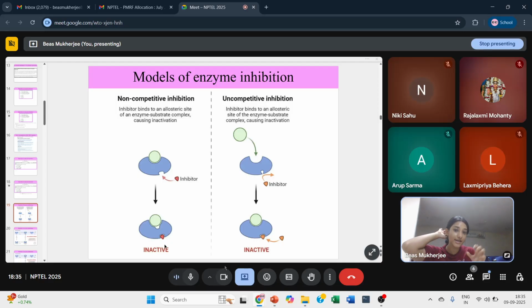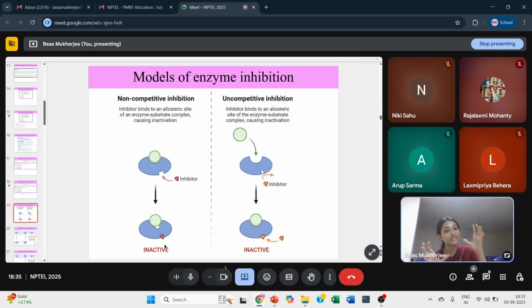The second one is the uncompetitive inhibitor. There is an inhibitor site that is separate from that of the substrate. When the inhibitor binds, whether or not the substrate is bound, the entire enzyme-substrate complex is rendered inactive. The inhibitor binds to an allosteric site of the enzyme-substrate complex.